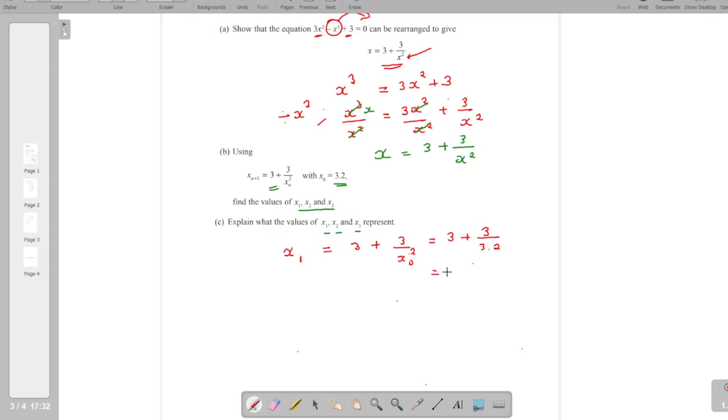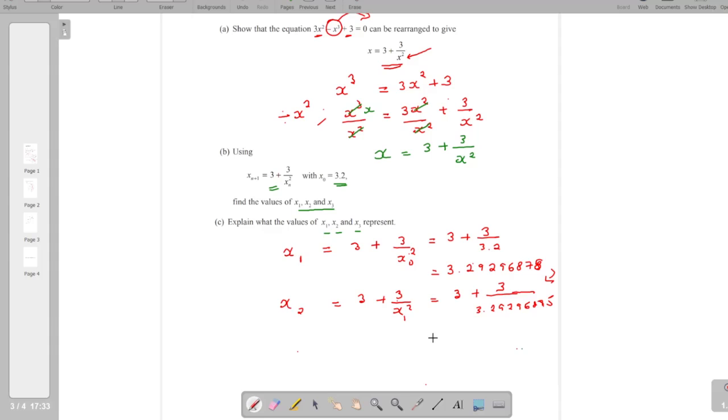That's going to give you 3.29296875. The next one, x2, is 3 plus 3 over x1 squared, which is going to be 3 plus 3 over all of that, 3.29296875 squared.